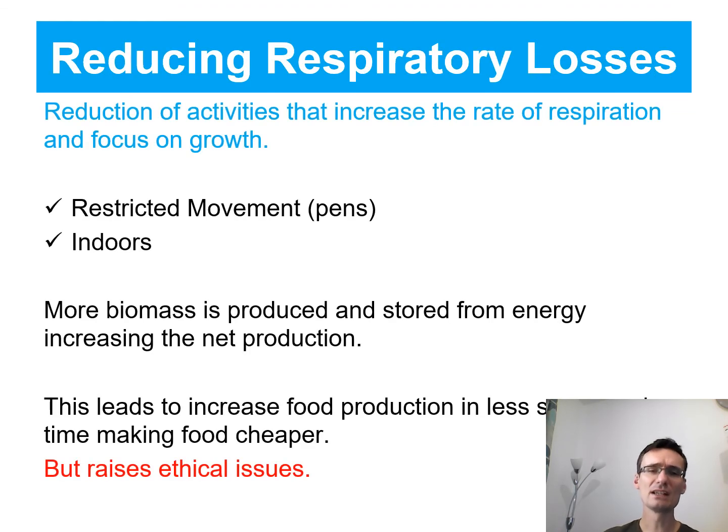Now, the other side then is reducing respiratory losses. So what I mean by this is you're going to try and reduce the activities that cause you to lose energy and respire off that biomass, that glucose, into using energy. So the main way we do this is restricted movement. Okay, so obviously we might use pens to keep animals in, or we might keep them indoors so they don't have to keep themselves warm.